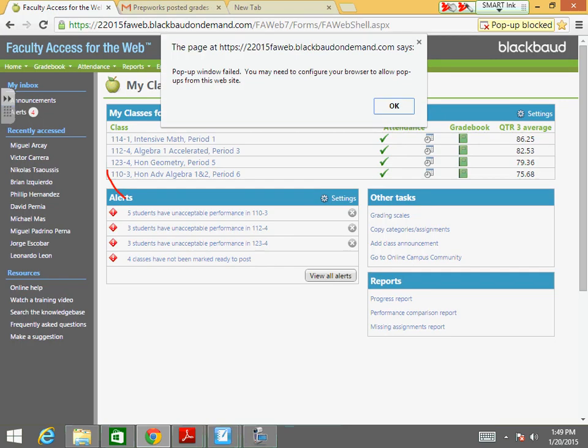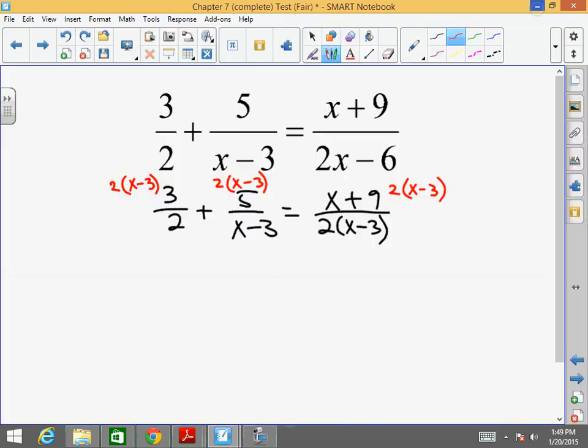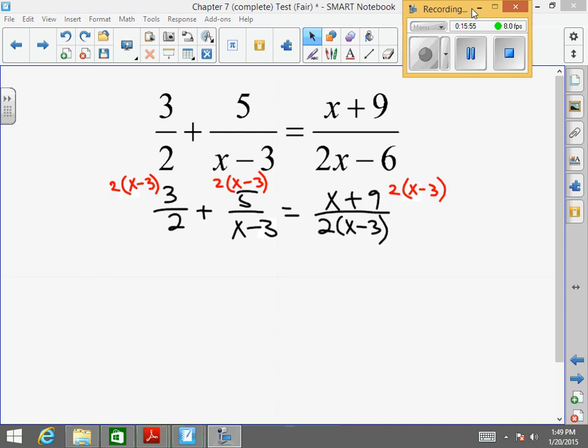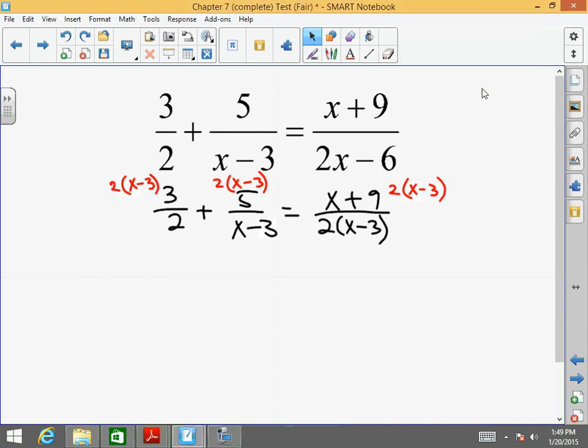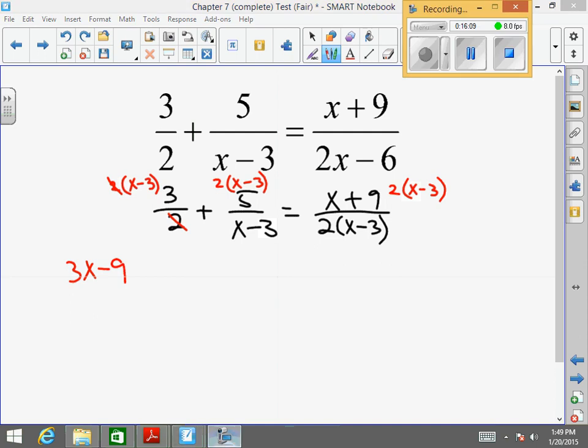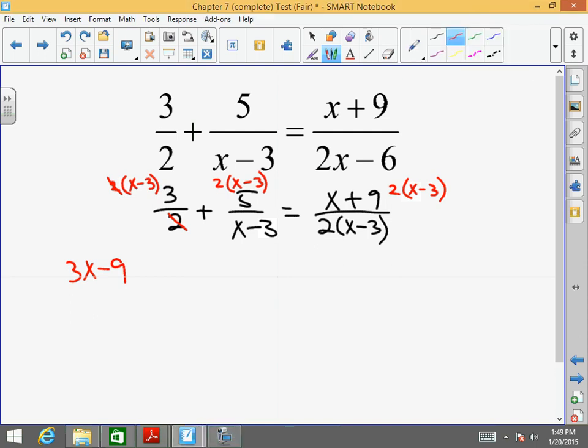So here the 2 goes. Alrighty. So, here the 2 cancels. So I've got 3x minus 9. Plus, here the x minus 3 cancels.